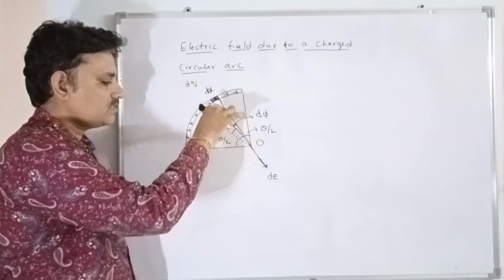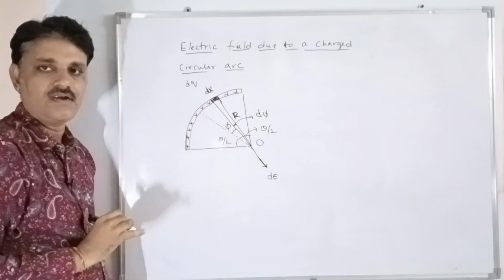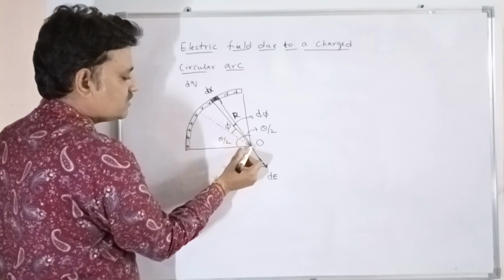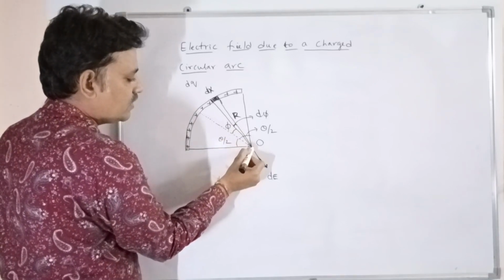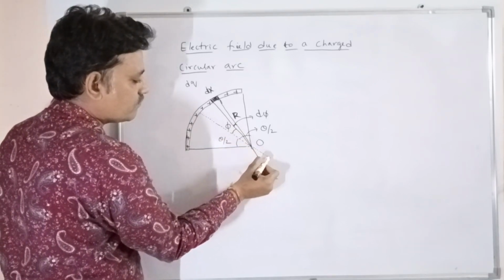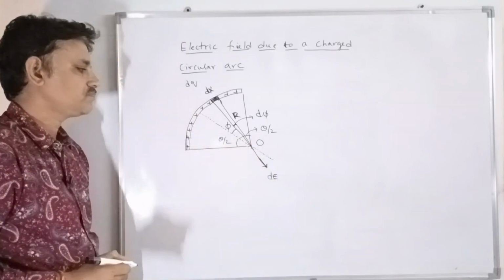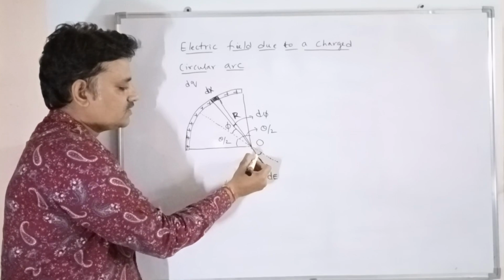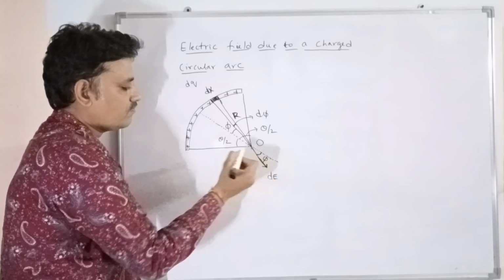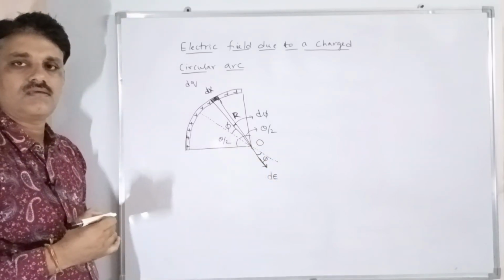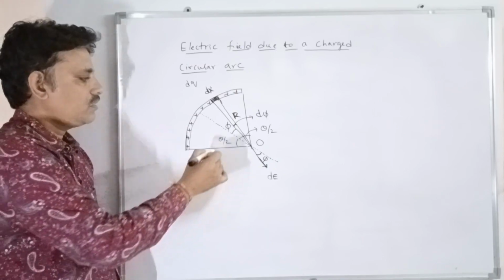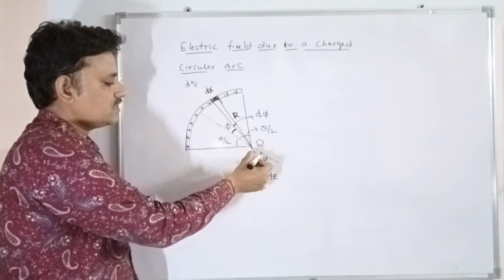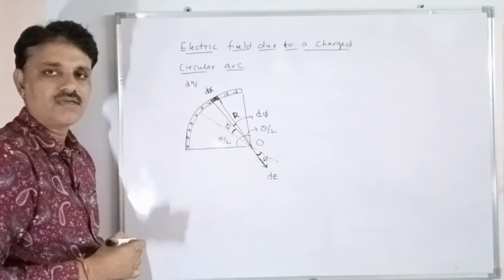So at center O, this is the direction of the electric field, and here phi is the angle. If you extend this dotted line, this angle is also phi, right? Here this is the angle phi, here also the same angle phi.